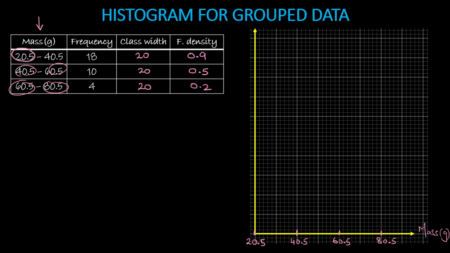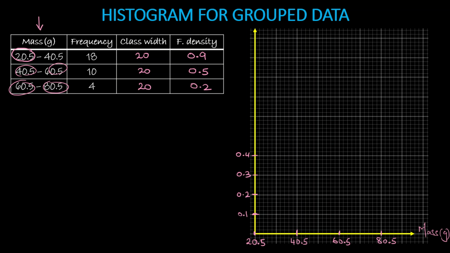Now on the vertical axis, I will choose 1 centimeter or simply 1 big square to represent a frequency density of 0.1. Right? Again one big square 0.2, another square 0.3, and so on.